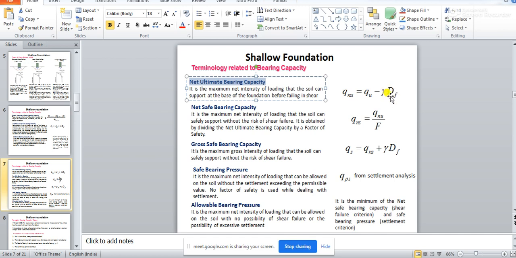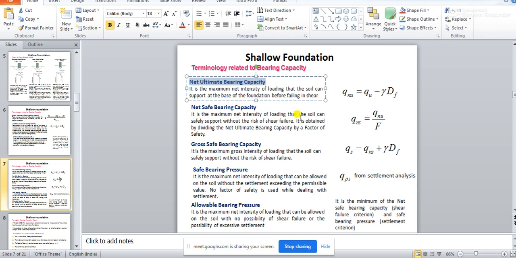If the depth of the footing is dF and the unit weight of soil is gamma, then the overburden pressure acting on the footing is gamma times dF.